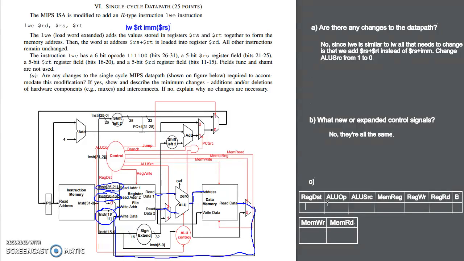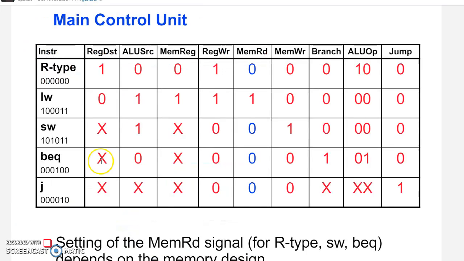Okay, so part C. What is our register destination value? We're going to be wanting to write to RD, so that's going to be 1. ALU op. Okay, so let's take a look at our old lecture slides, and we'll see that for the regular load word instruction, ALU op is just 0, 0.